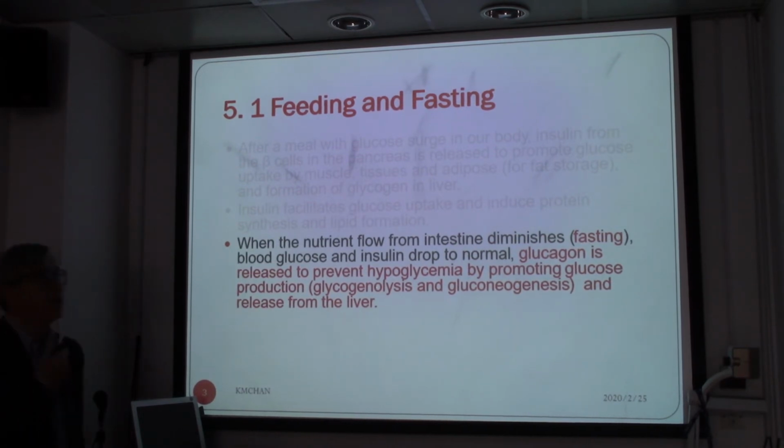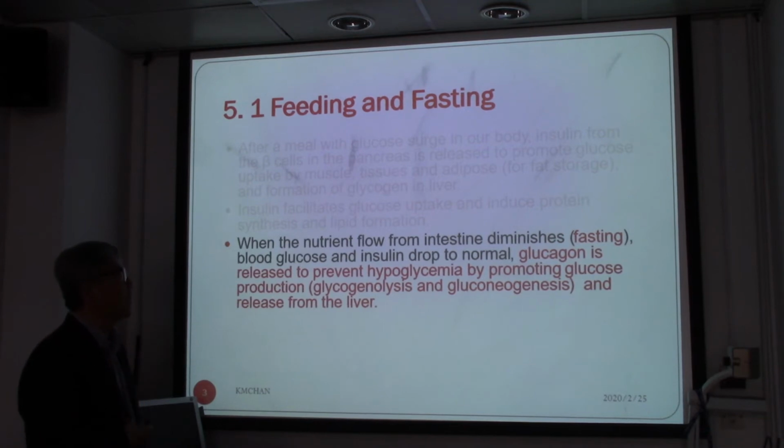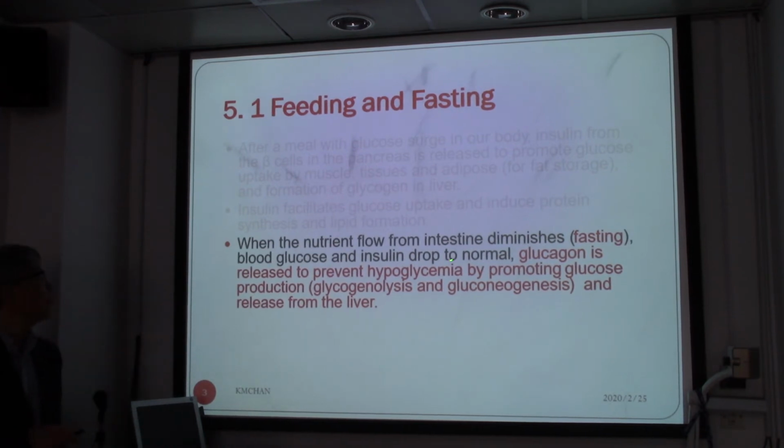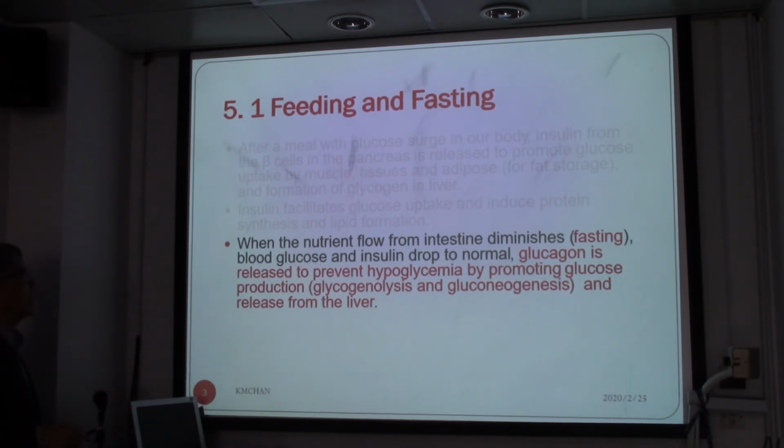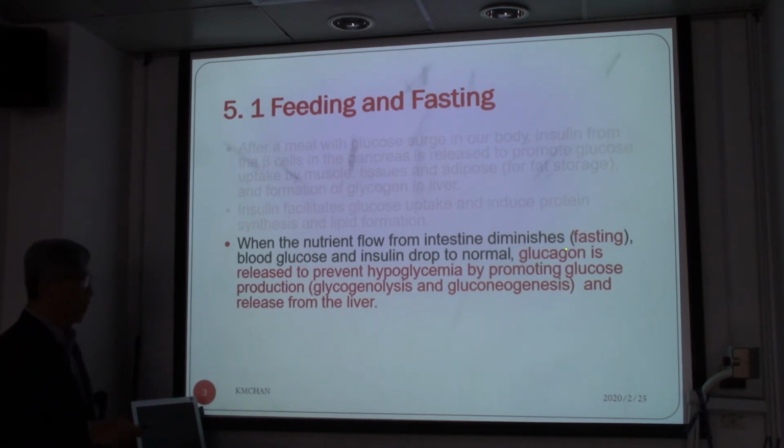So when all these materials are being digested and diminish, at this stage we call this fasting. The blood glucose and insulin would drop significantly, or drop to normal, depending on what level you're talking about. And then at the same time, if it is below normal, another hormone known as glucagon.